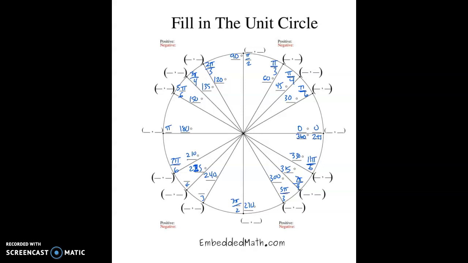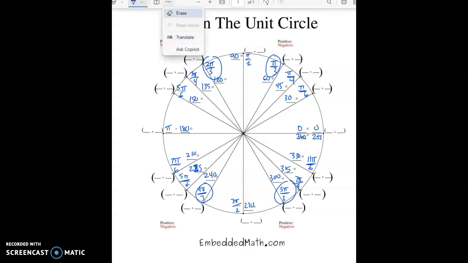Over on this side, we've got 5 pi over 4, and we've got 4 pi over 3. You can see that this is pi over 3, 2 pi over 3, then 3 pi over 3, 4 pi over 3, and 5 pi over 3. So you can see a little bit of a pattern there.